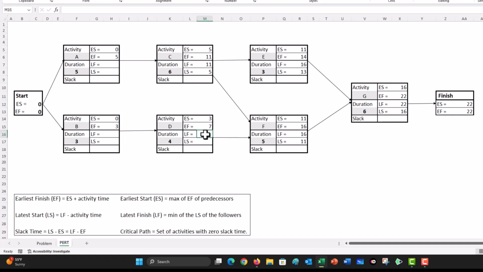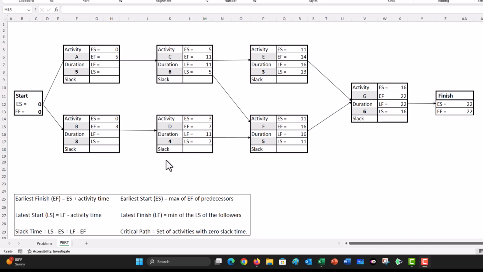The latest finish time is going to be the minimum of the latest start of the follower activity, which is 11, and its latest start is latest finish minus activity time, which is 11 minus 4, and that's going to be 7.